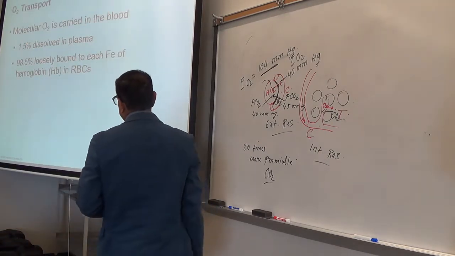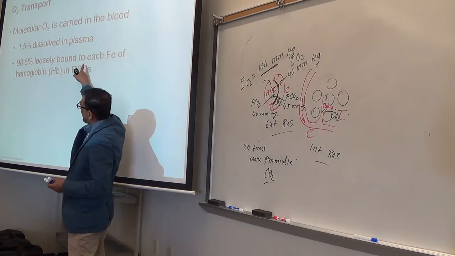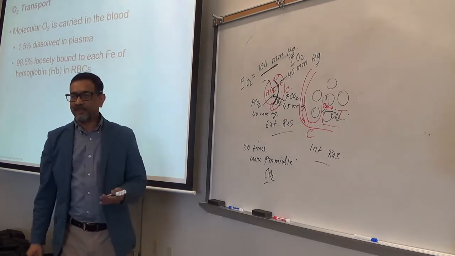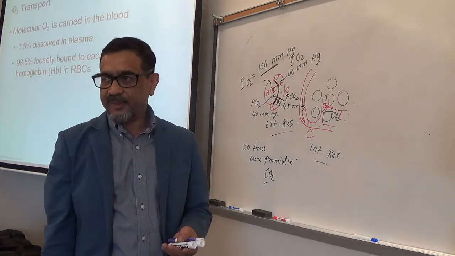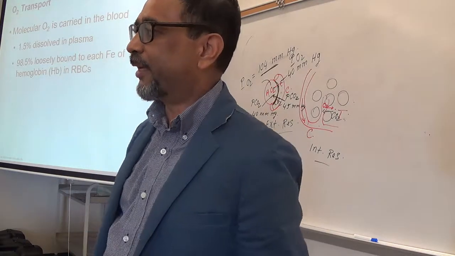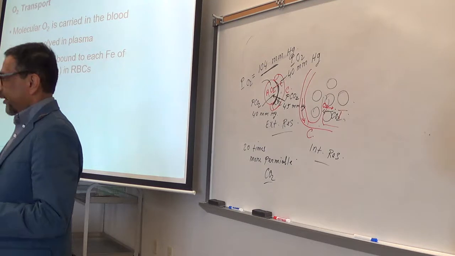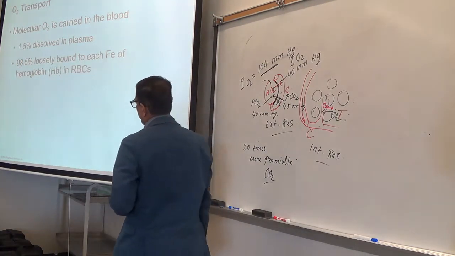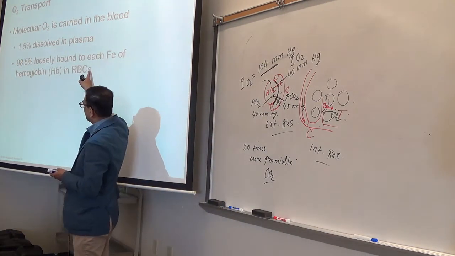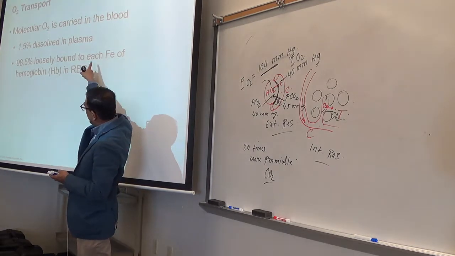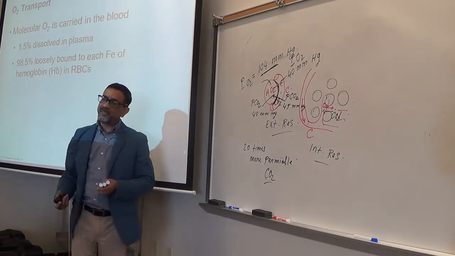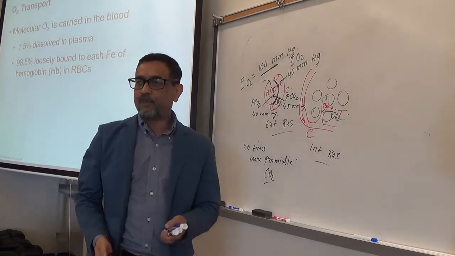So here you see, 98.5% volume of oxygen is transported by the red blood cells. It binds with hemoglobin and is transported by the hemoglobin of red blood cells. Only 1.5% is transported by the plasma.